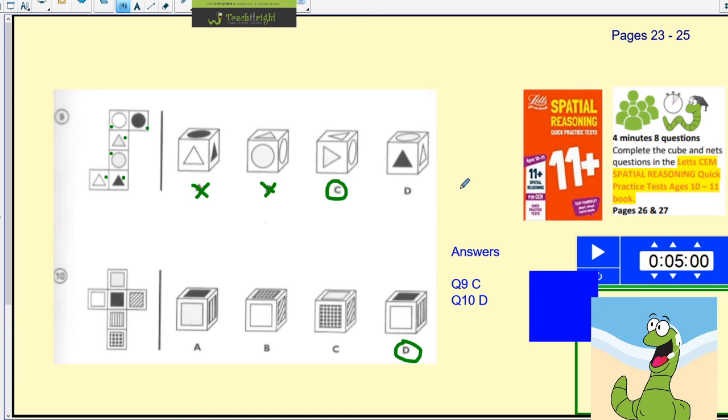Why isn't it D for question 9? Well, the black circle here is pointing in towards my grey, which means that's fine. However, what about the two circles? D is a good question.